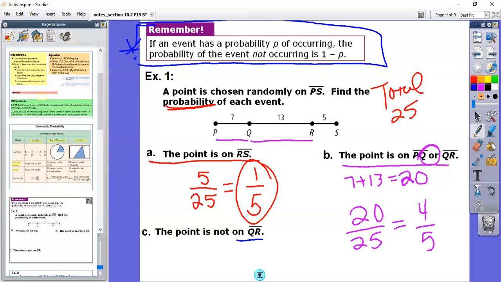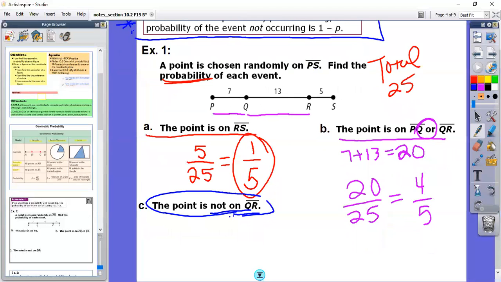That would mean there was a 30% chance of it not snowing, or a 0.3 probability that it wasn't going to happen. So you can always do a not question by finding the probability of it happening and then subtracting it from 1. That's one way to do it.